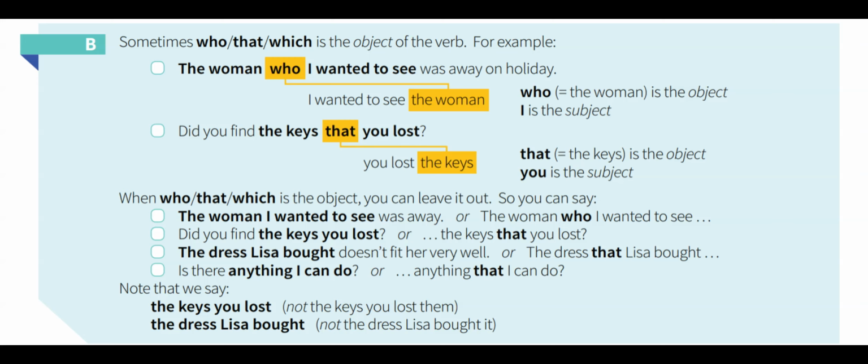Your friend had to do some work. You want to know if she has finished. You say, have you finished the work? It would be, have you finished the work that you had to do?